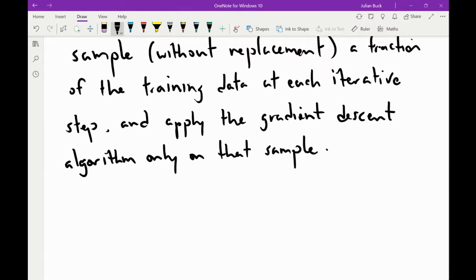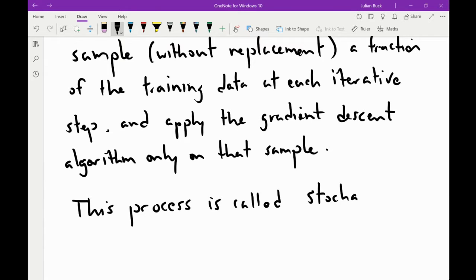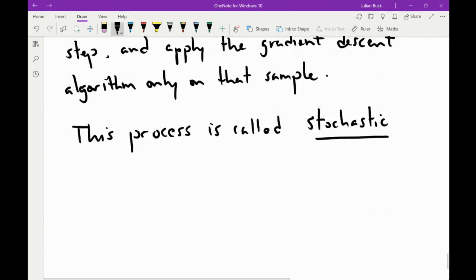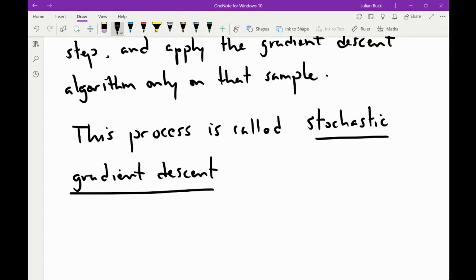All right, and so this process is called, as we suggested, as we titled the section, stochastic gradient descent, which we often abbreviate SGD.